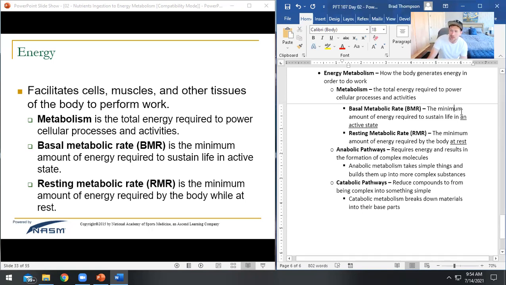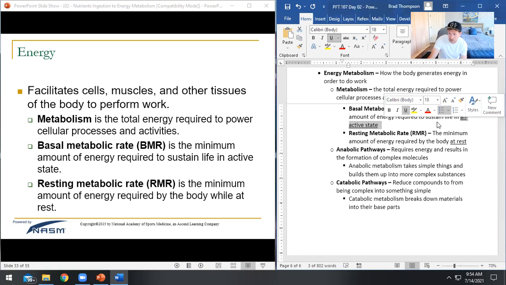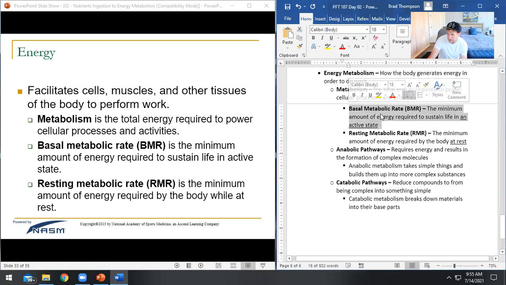Your basal metabolic rate is the minimum amount of energy required to sustain life in an active state. So if you were awake, but you just laid on the ground and didn't move, but you stayed awake for 24 hours, the amount of energy that you burn because you were awake, that's your basal metabolic rate. And that's usually what we're actually measuring for the most part.